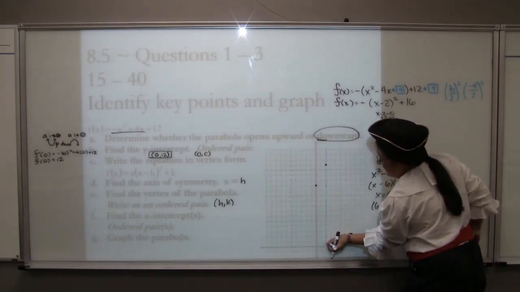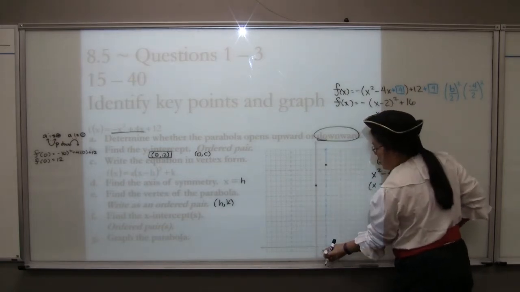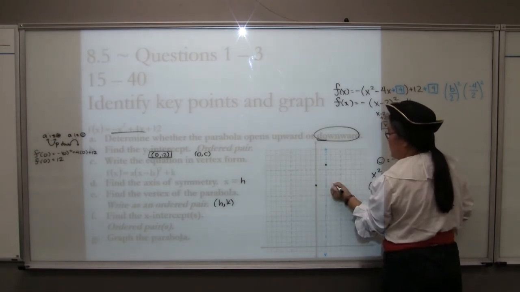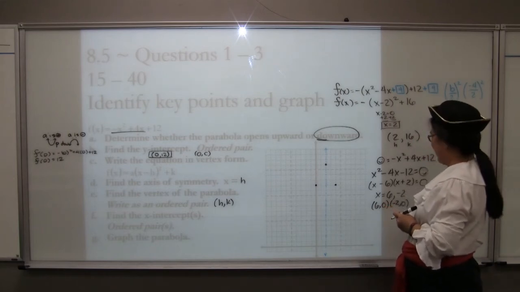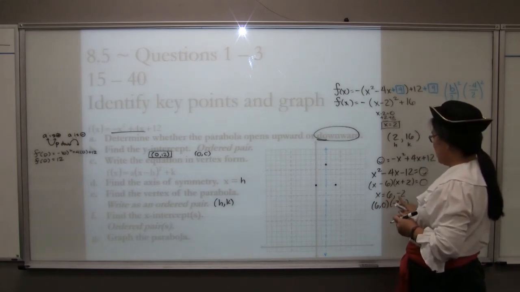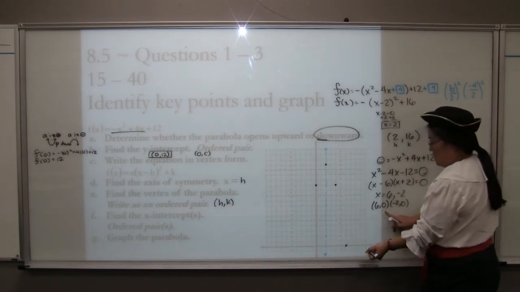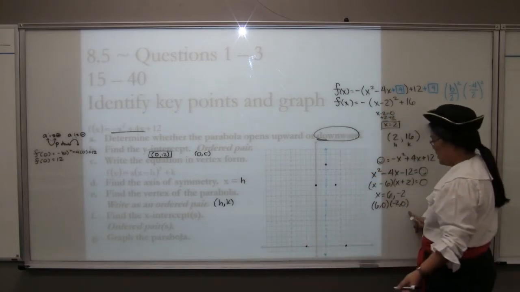And it means that if this point is 2 spaces on the left, there is a corresponding or matching point 2 spaces on the right. How nice. We also know x equals 6 at the point (6, 0), and then we would have the same thing on the other side at (-2, 0).